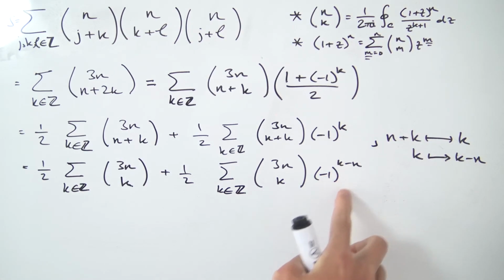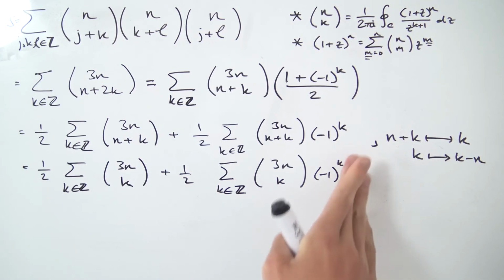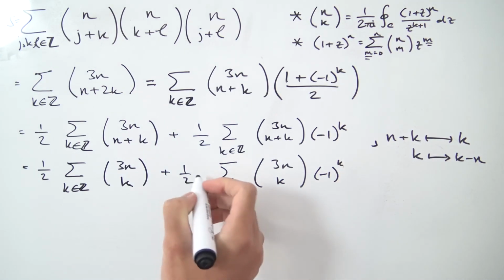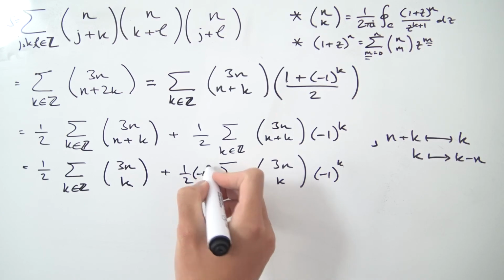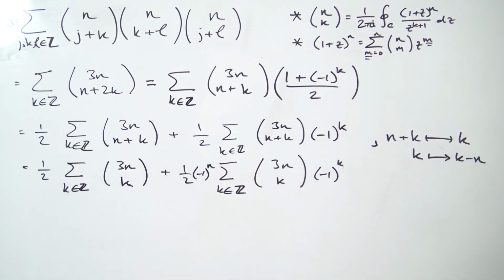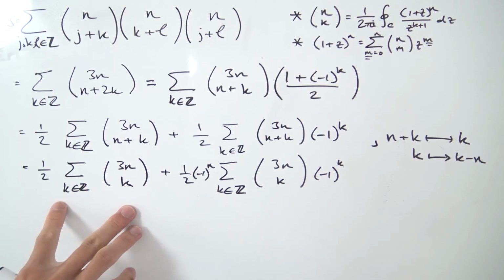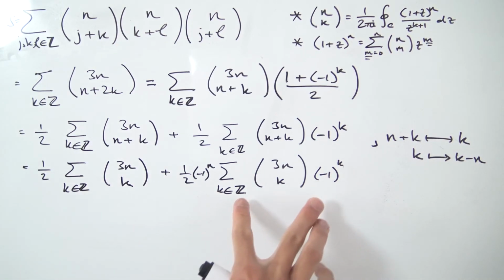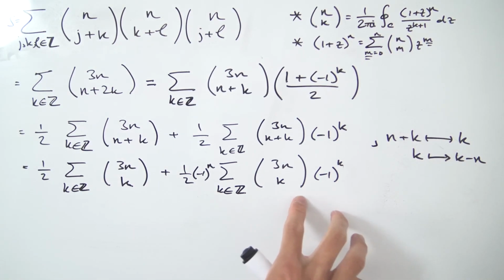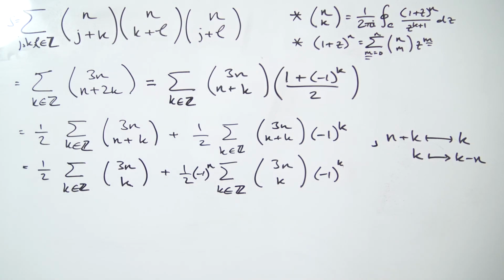But notice we can split up this power and bring a minus 1 to the minus n out to the front, which is the same thing as minus 1 to the n, because that's independent of k. And now take a look at what we have. We have a sum of binomial coefficients and a sum of, again, a binomial coefficient, but it's alternating.